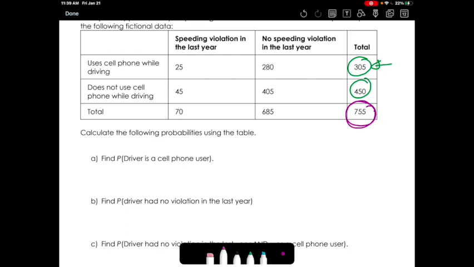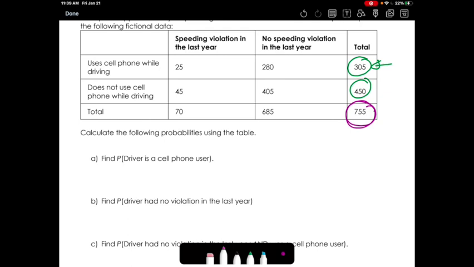Okay, in the first example, it says find the probability that a driver was using a cell phone. So this isn't a conditional probability, where it says given, or has the little line that indicates there's another assumption. So we're going to take this out of the total group.